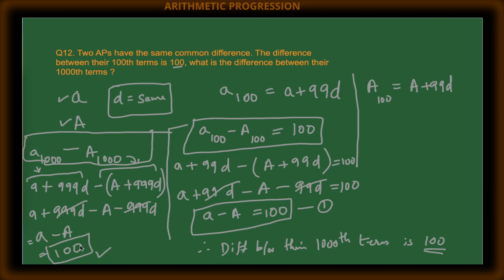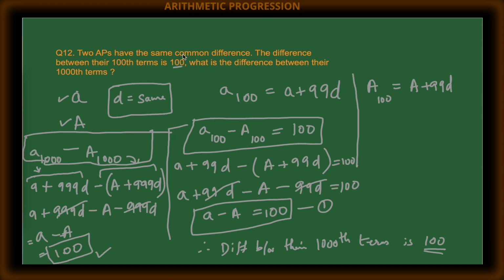We took a1000 minus capital A1000, from two different arithmetic progressions represented by small a and capital A. The difference between their 1000th terms is a minus A, which is what we needed to find. Its value is 100, so we replaced it from the previous equation with 100. Hope this is clear.